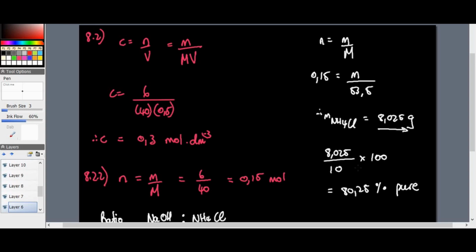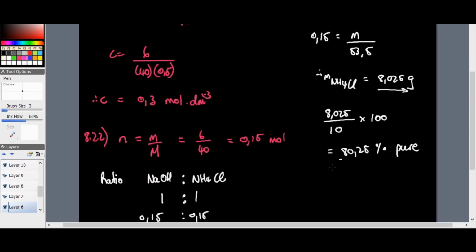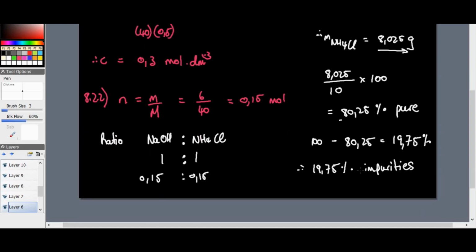So percentage impurities would be 100% minus 80.25, which gives you 19.75%. Therefore, 19.75% impurities of NH4Cl.